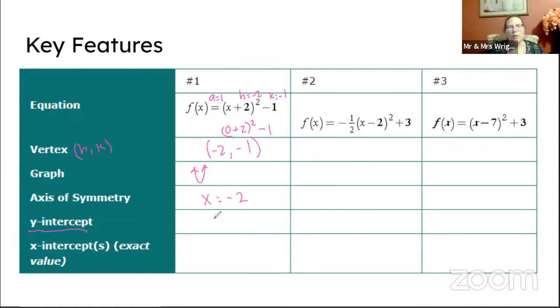So my y-intercept, I'm going to have (0, 3) as my ordered pair. Remember, they're asking for the intercept, so it should be in an ordered pair. And if they're asking for the y-intercept, you need to find the y, and the X is going to be 0. Okay, so the x-intercepts, the exact value. We've gone over how to solve those, so I want you to be able to do that. We're not going to do it today because we have a lot to get to.